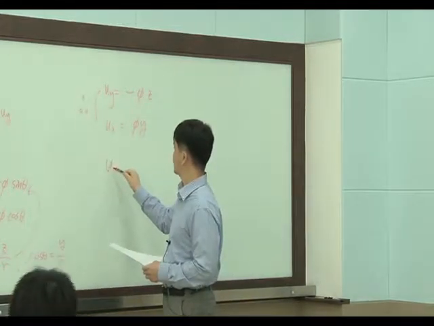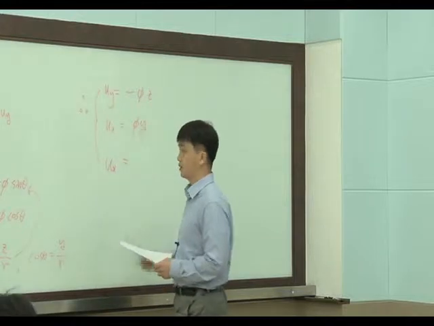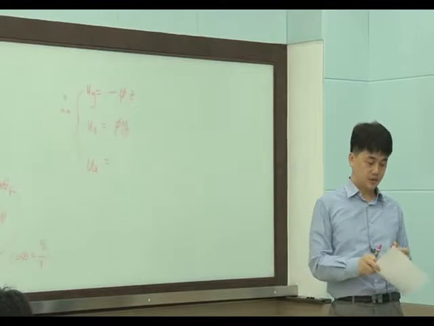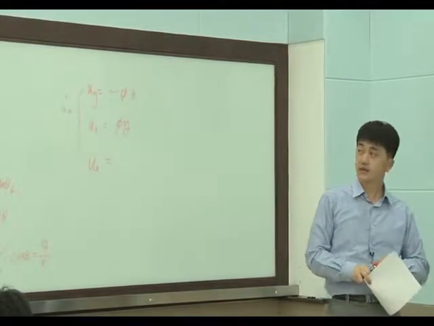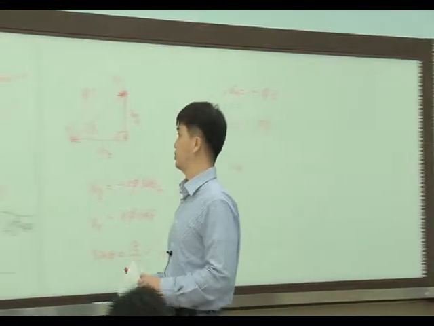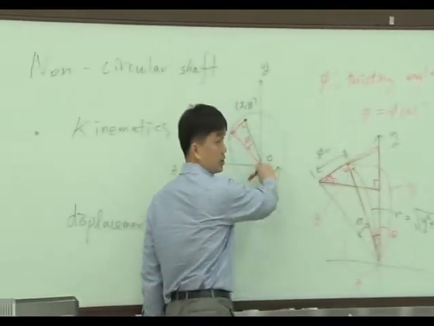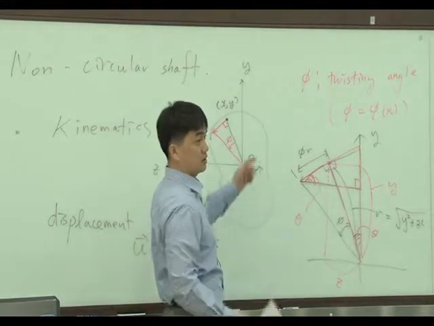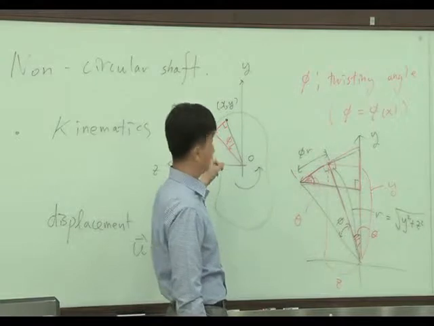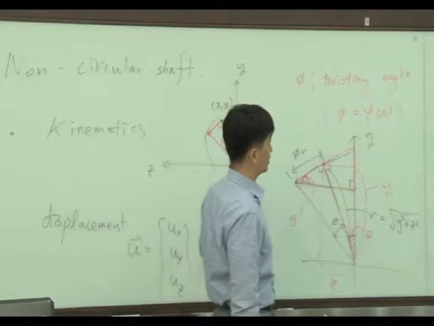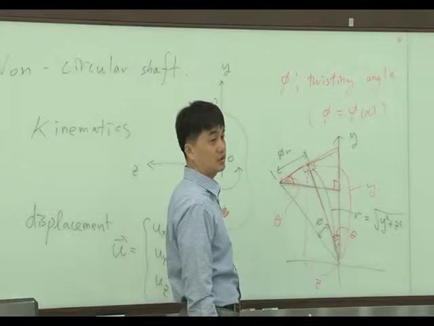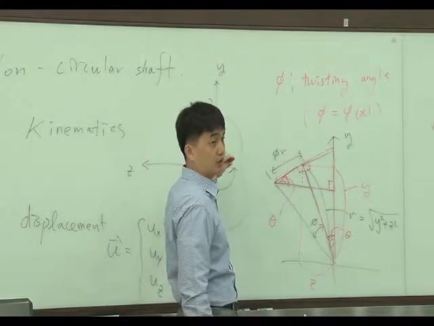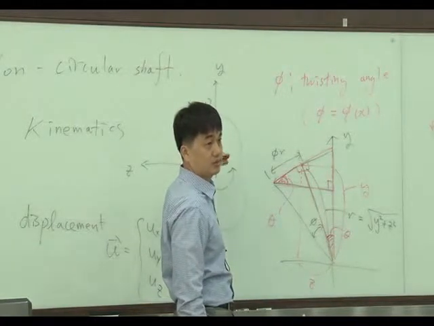Now we need to think about displacement in the x direction. During this twisting, you understand the displacement appears in the y direction and z direction. Then how about displacement in the x direction? The x direction means displacement in the out-of-plane direction. Is it possible?